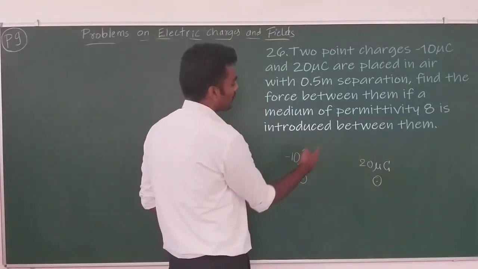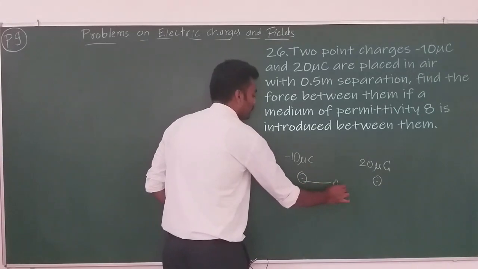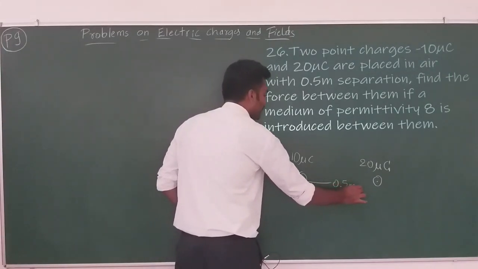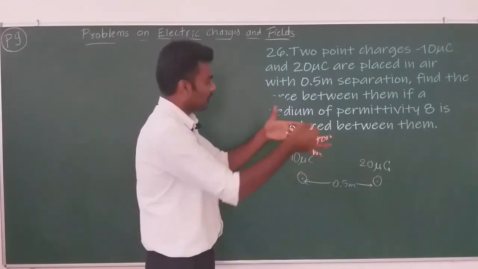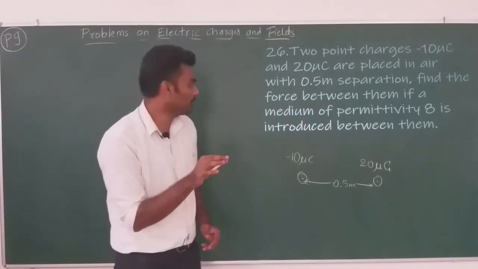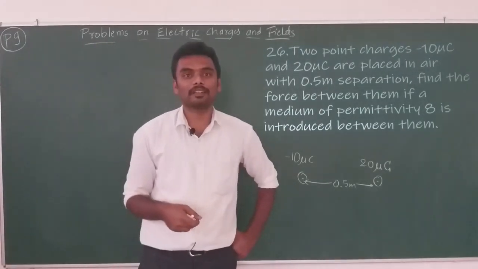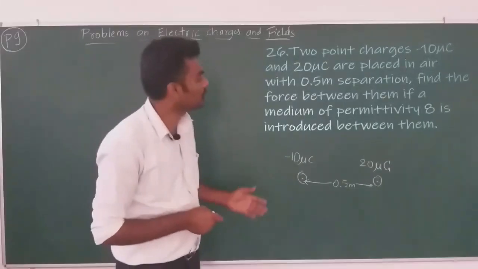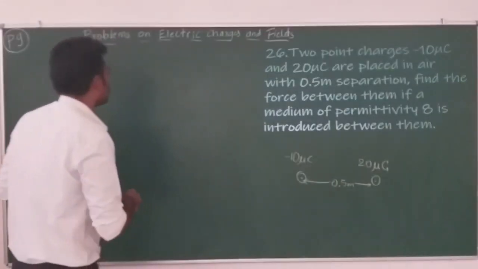So minus 10 microcoulomb and plus 20 microcoulomb separated by 0.5 meter, and these two charges are kept inside a medium which has relative permittivity 8. Even if they didn't mention that the given factor is relative permittivity, it is understood.